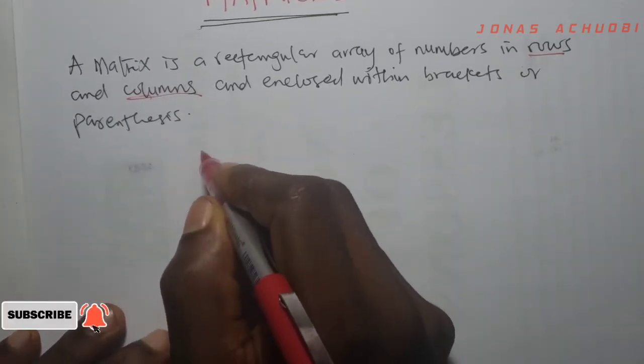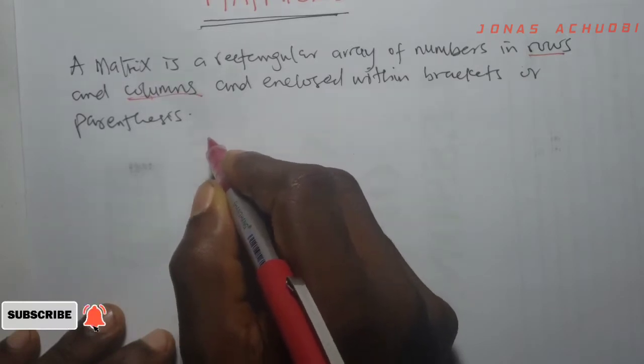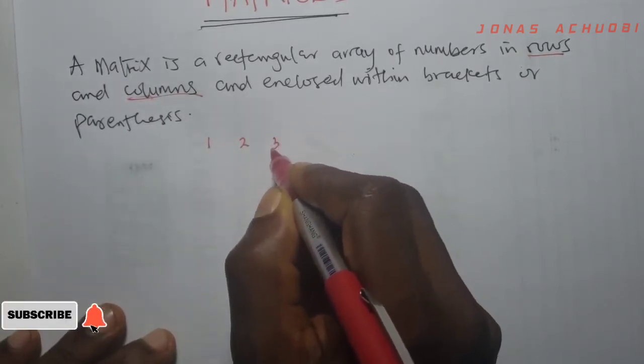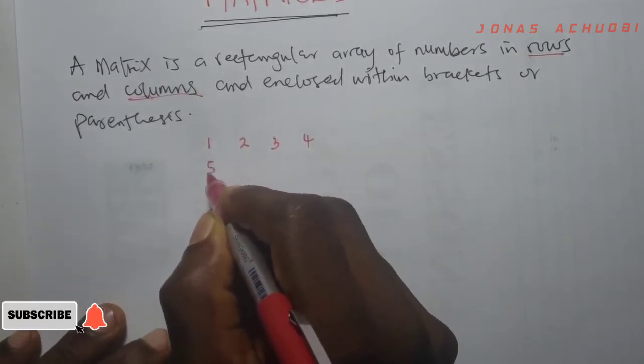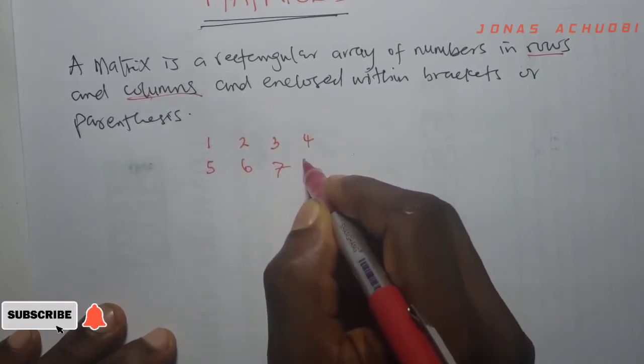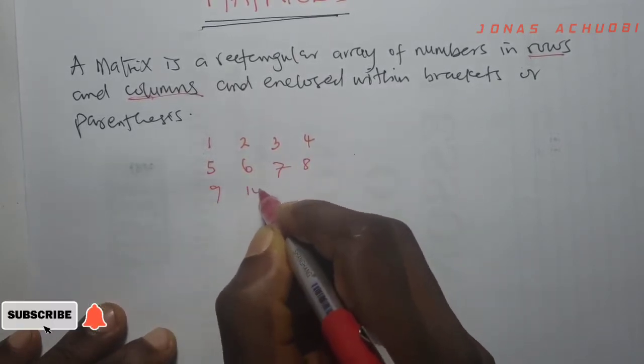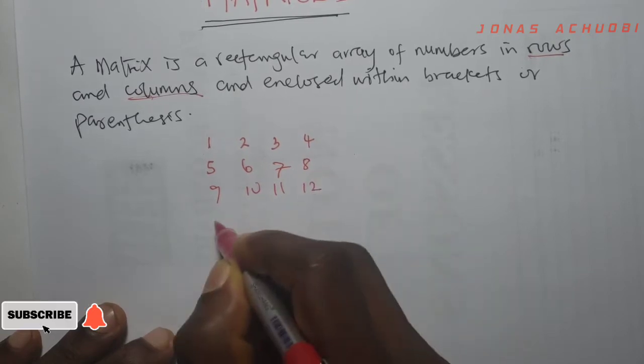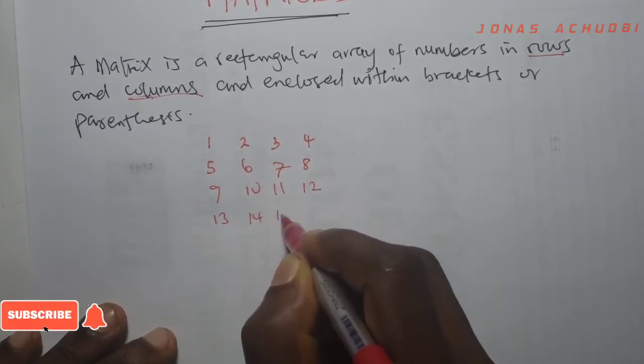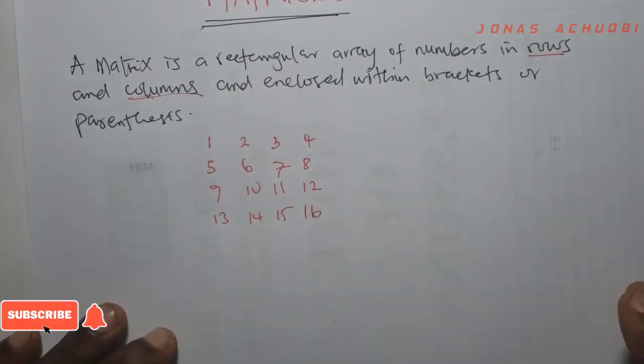So, if we have the following numbers, say 1, 2, 3, 4, 5, 6, 7, 8, 9, 10, 11, 12, 13, 14, 15, and 16.